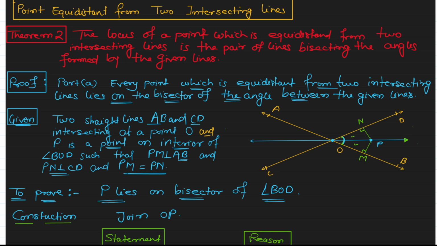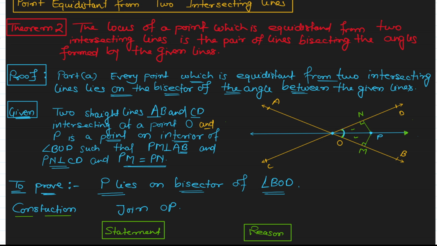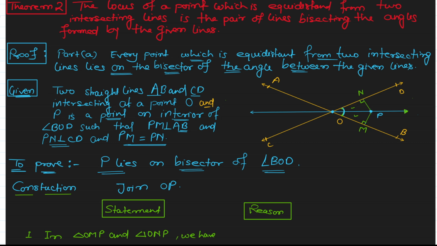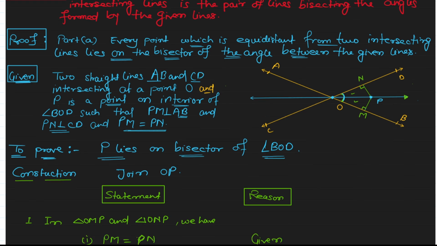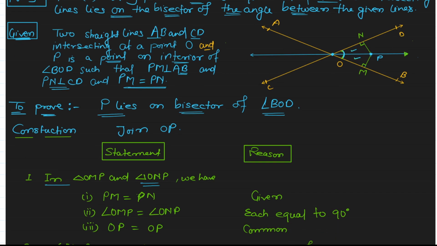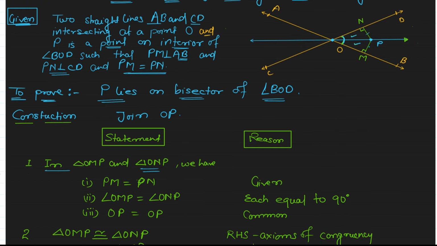What construction do we need to do? We join OP. Now, in triangles OMP and ONP, angle OMP equals angle ONP, as both are perpendicular, so both angles are 90 degrees.